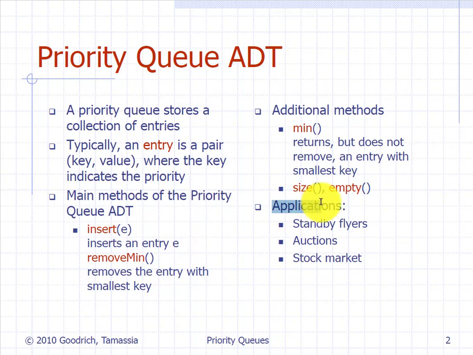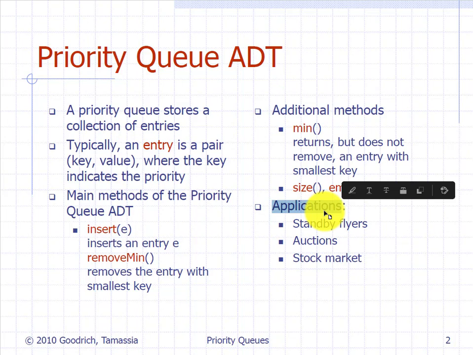And in terms of applications, you can think of many applications, I'm sure. But the three in this example are standby flyers, so people who need to be prioritized with respect to boarding a plane, or often when planes overbook, we can put priority based on who paid the most to get onto the plane. We can assign priority to participants of an auction based on how much they are willing to pay for an item.